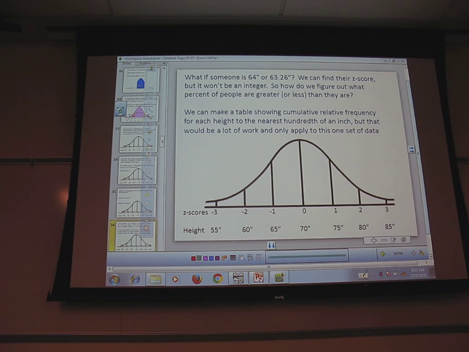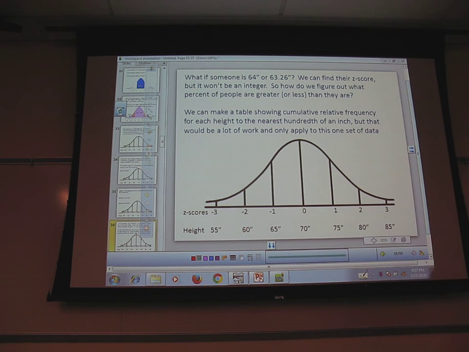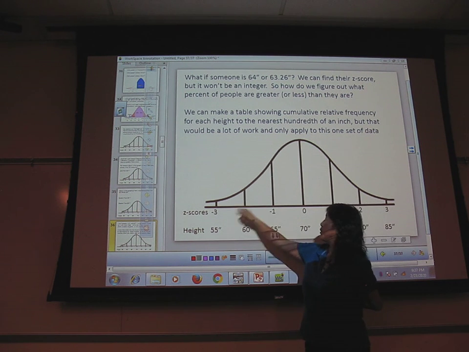So instead, if we convert to z-scores, we can use the normal distribution for z-scores, and we can apply that to any data we want, just by converting that data to a z-score. Because we know that if it's less than 1 standard deviation, it's going to be this much.